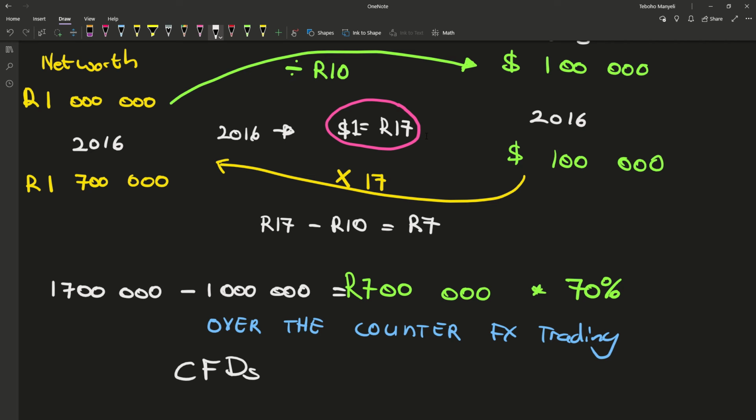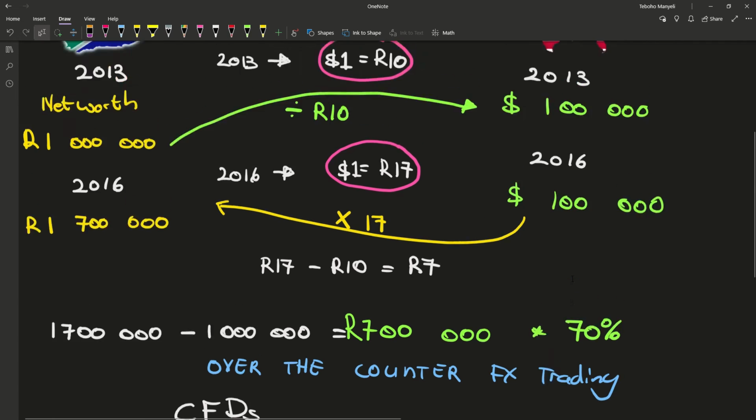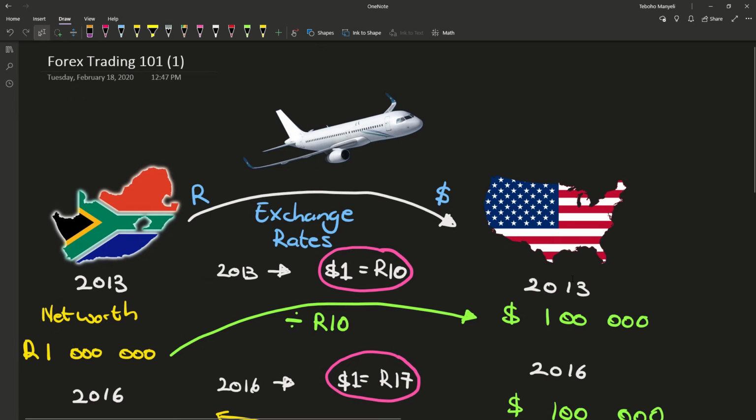Okay, so I'm going to end it here. This is Forex 101. This was basically how our ancestors, as I'll call them at this point, because they didn't have technology, had to literally go to the counter, take the 1 million rands and convert it into dollars and have the dollars, for instance. But when you're doing it with a broker, you actually have the MT4.